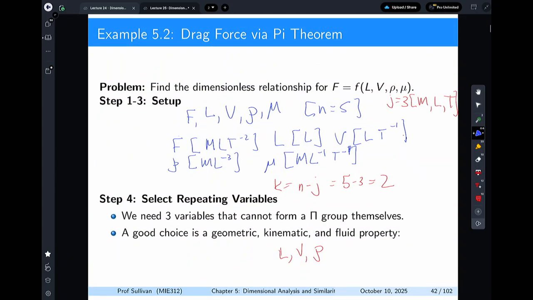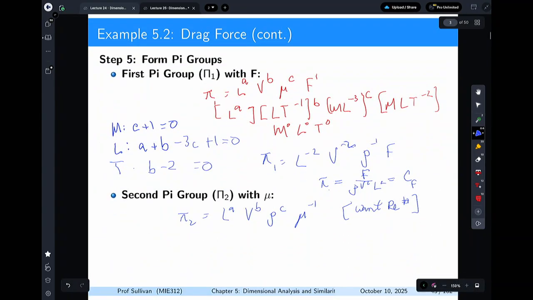I have different variables, and I've taken these as my repeating variables. Oh, wait a minute. Did I change this? No, sorry. That should be rho. Okay, sorry. When I read these things, I read them quickly.